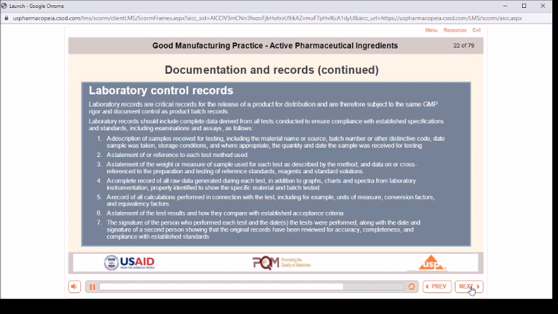A statement of the test results and how they compare with established acceptance criteria. 7. The signature of the person who performed each test and the dates the tests were performed, along with the date and signature of a second person showing that the original records have been reviewed for accuracy, completeness, and compliance with established standards.